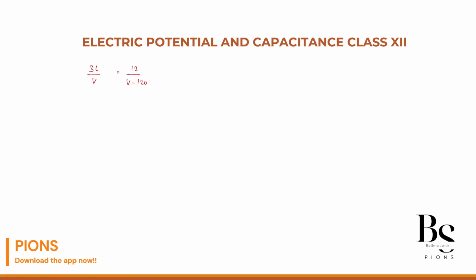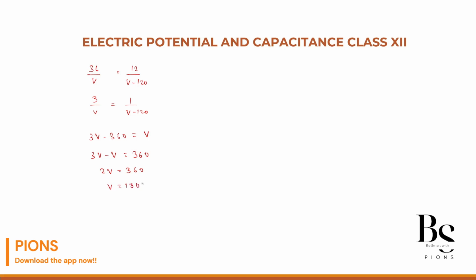If I take 12 on the left hand side, 12 threes are 36, so 3 by V equals 1 by V minus 120. Now it becomes easy. Let's cross multiply. 3V minus 360 equal to V. Let's take V on the left hand side and 360 on the right hand side. 2V is equal to 360, and when you divide by 2, it will be 180 volts.